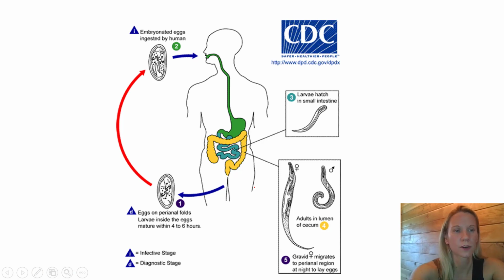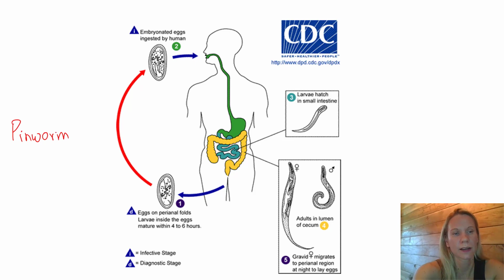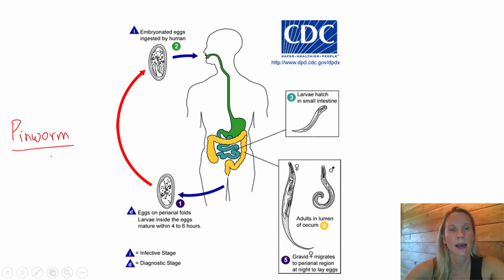So this is the pinworm called Enterobius vermicularis. You should be able to recognize scientific names as well as a common name here like pinworm. Where do we begin? Oh, here we go. Number 1, the eggs. Eggs pass from the feces.